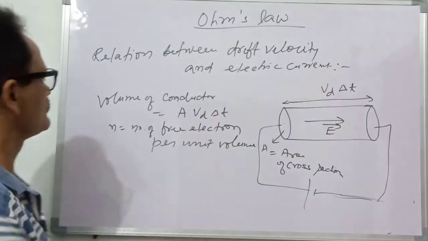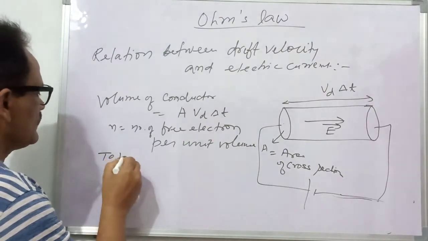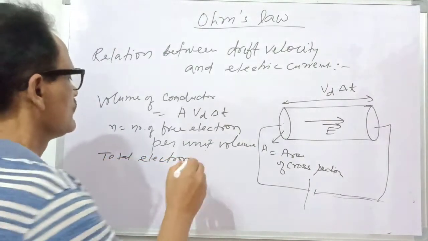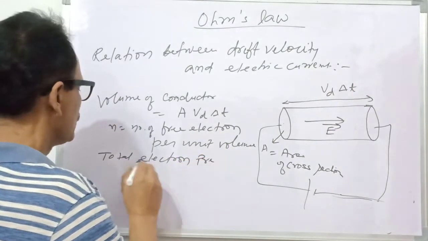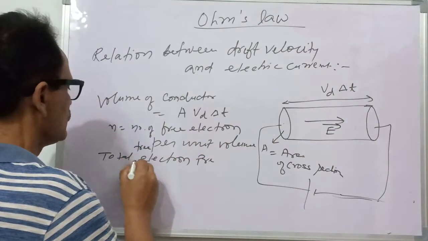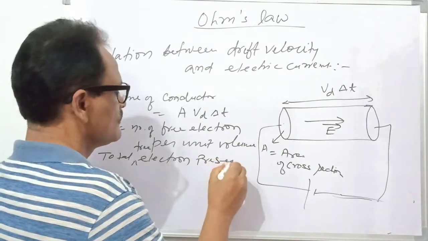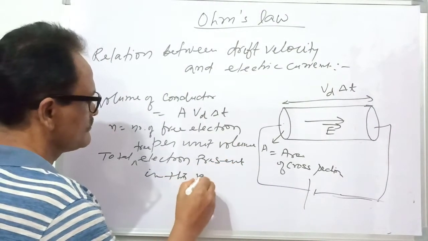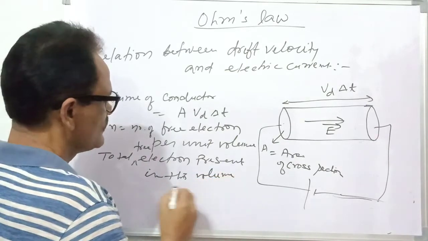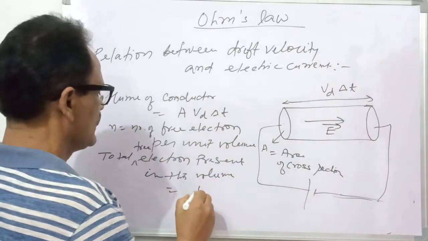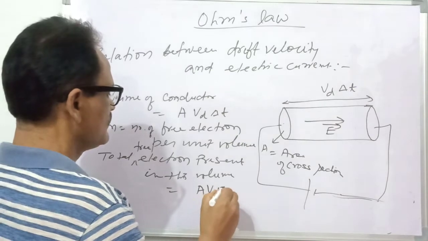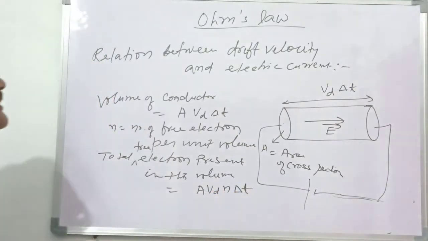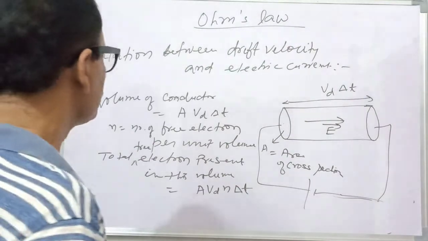then the total free electrons present in this volume is A Vd n delta t, since n is the number of free electrons per unit volume.